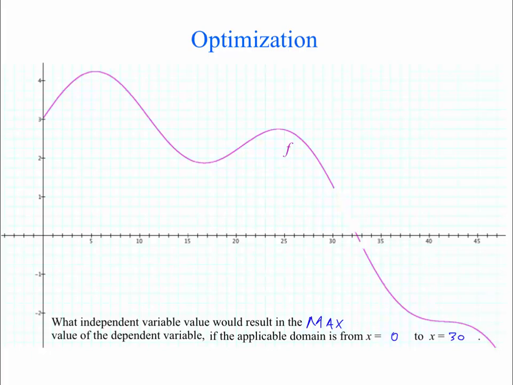If the applicable domain is 0 to 30, then we don't care about this part of the graph. Answer that with the person next to you. What independent variable's value would result in the max value of the dependent variable if the applicable domain is 0 to 30?